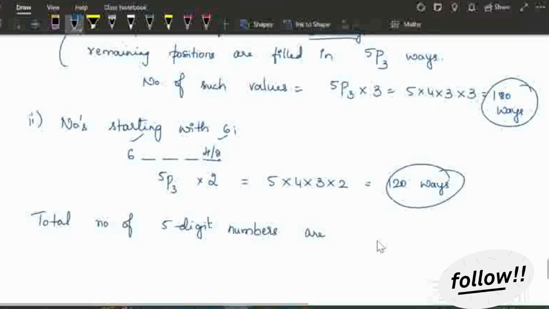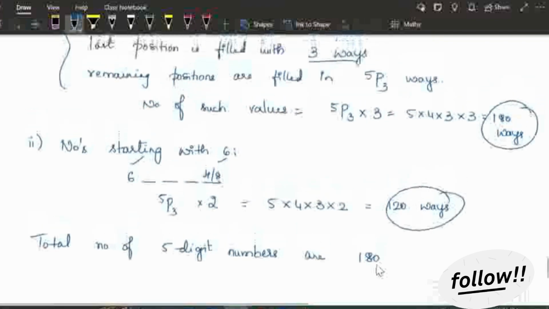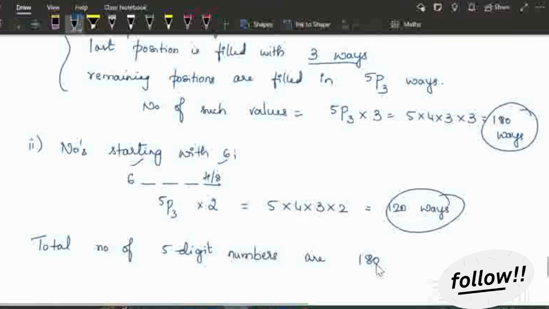Add or multiply? So we have to decide whether it is this or that, or this and that. Now what is 180? It is the number of 5-digit numbers that start with 5. And what is 120?